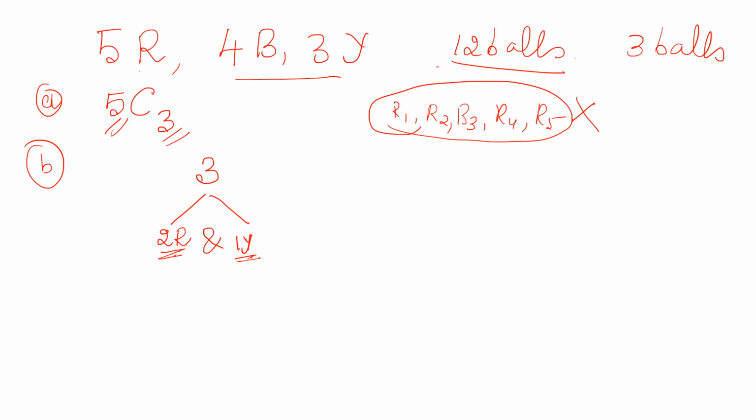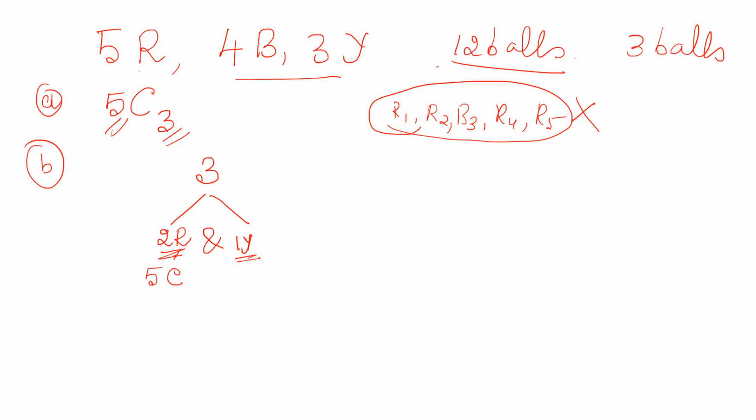If I am taking 2 red balls, the task is not completed, right? So 2 red balls and one more, 1 yellow ball. So 3 balls we are going to pick up. After 2 you cannot stop. So this should happen and this should also happen. That is why it is and, in between and. Now coming to this. How many red balls are there? 5 red balls.